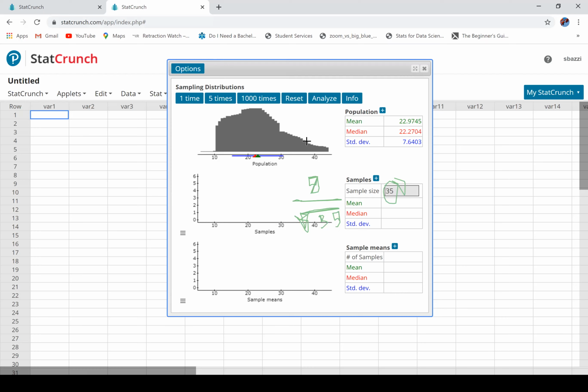It's a little bit hard. Yeah, it's hard. The mean is 23.23, and the standard deviation, guys, is 7.8534. Let me just clear the drawings. And we're going to pick samples of size, let's say, 40.